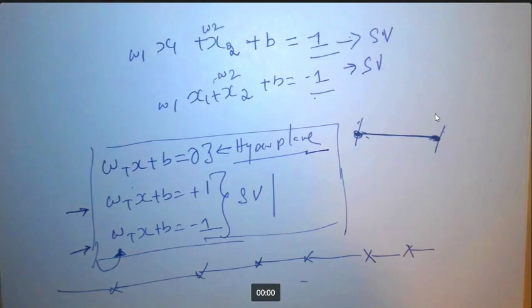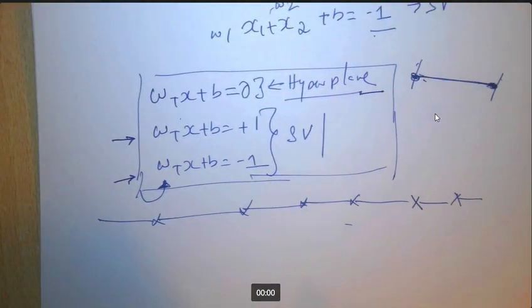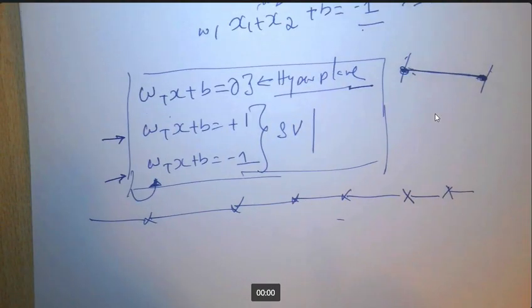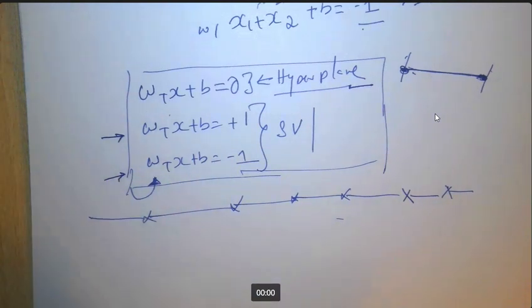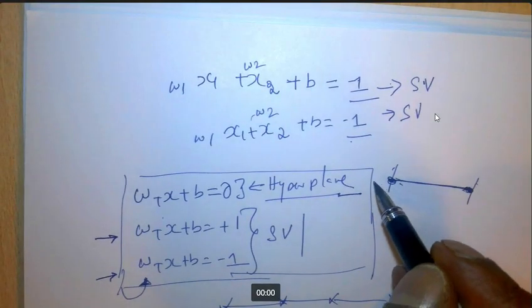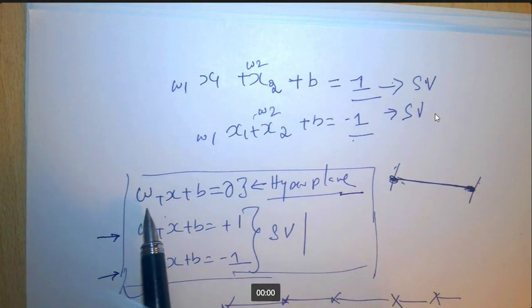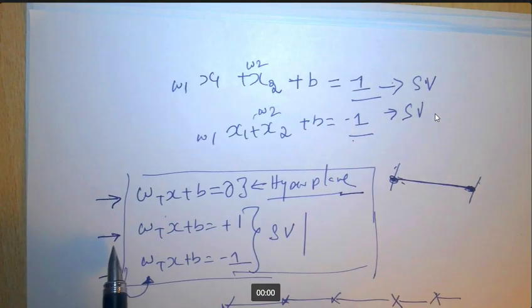So what we learned so far is obviously how the algorithm of a support vector machine works, and I also explained what it can do, and we also learned something about the hyperplane and support vectors. So we have 3 linear equations, isn't it?